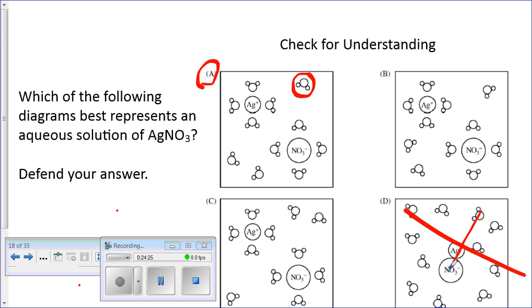And then it looks like we have some confusion in B. Some of the water molecules are oriented correctly around the silver ion. So the oxygen, the negative end of water, is oriented correctly.